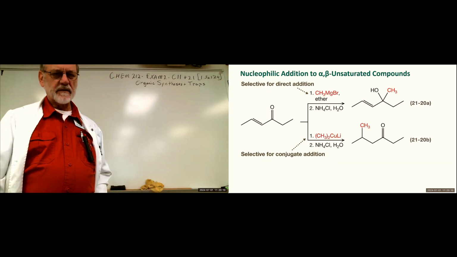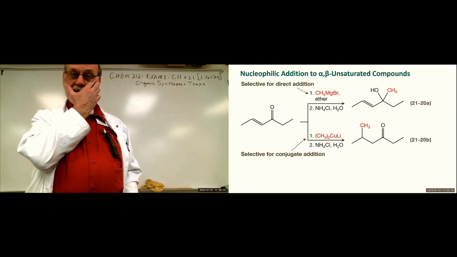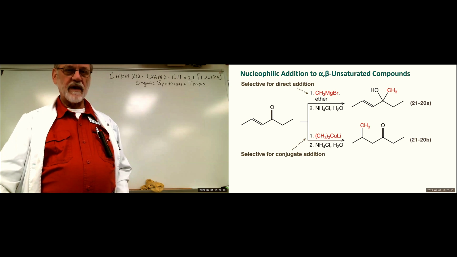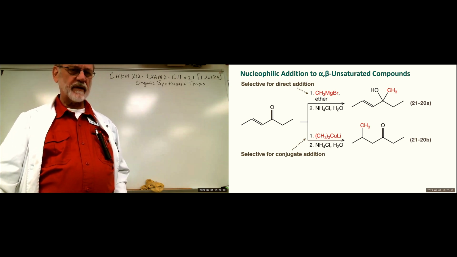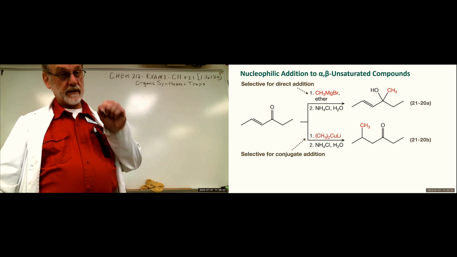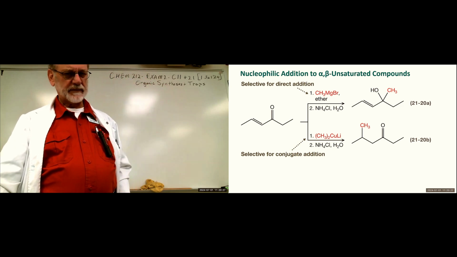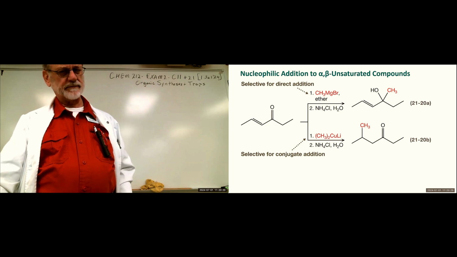How about now, we have two different functional groups here. We have an unsaturated compound with a carbonyl group on it. So we have two reaction sites. How do we select which one we want to use?